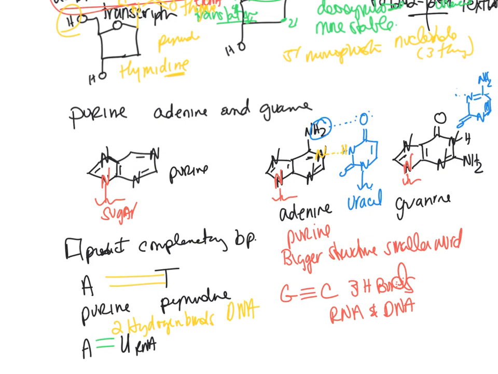Okay, so we have 3 hydrogen bonds. This hydrogen here will hydrogen bond with that oxygen. This nitrogen will hydrogen bond with this hydrogen here, and then this NH2 will hydrogen bond with this oxygen here. So look that up, and kind of understand that structure. Understand the difference in the structures.